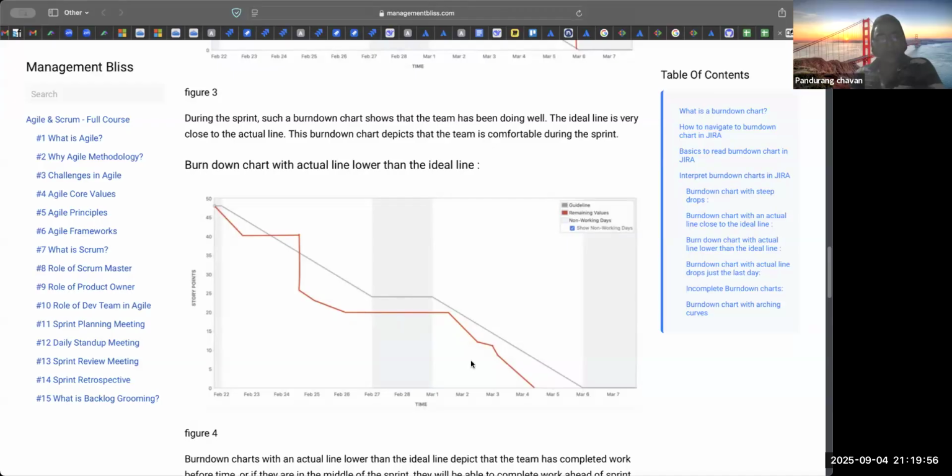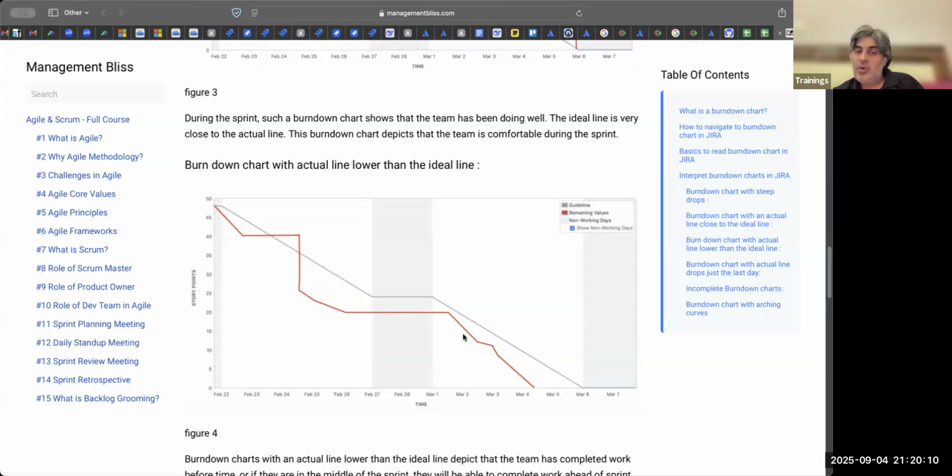But if the work is completed on the 7th day, then what will the team do for the next 2 days? That's a separate question. The question here is what if it is happening in a random sprint; that is fine.